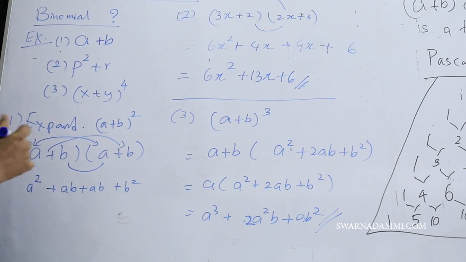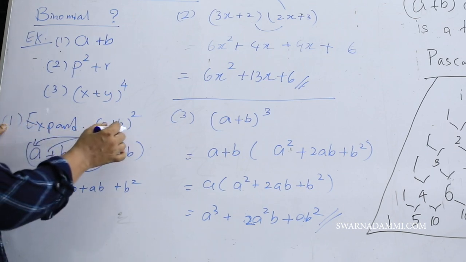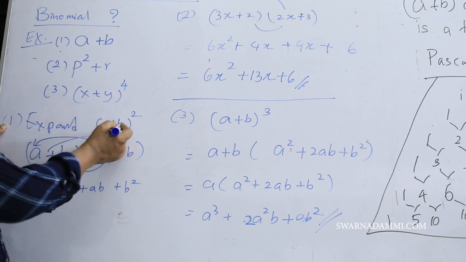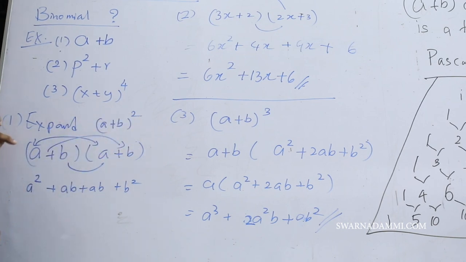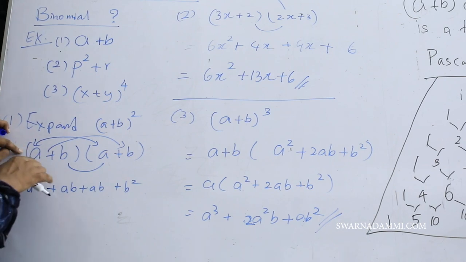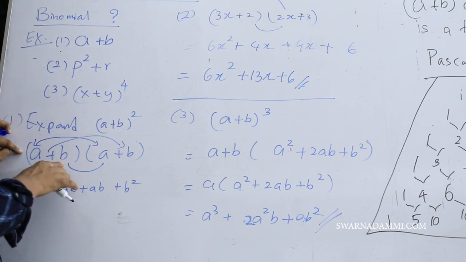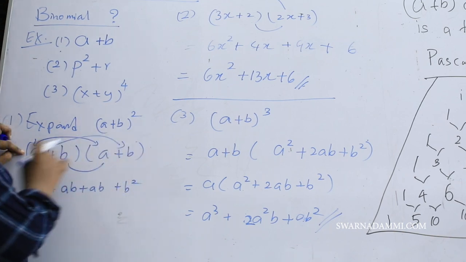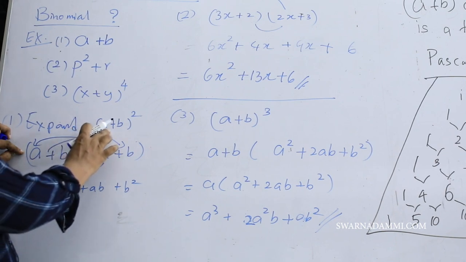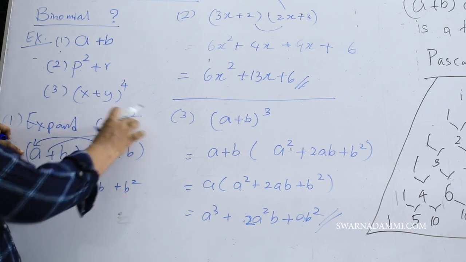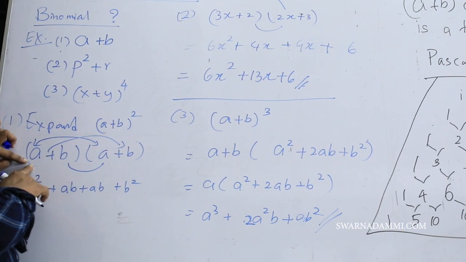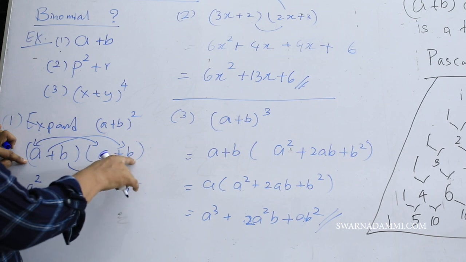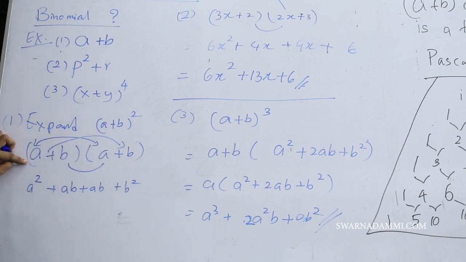Now we will see how we expand a binomial. One example here: (a plus b) squared. (a plus b) within brackets, again a plus b. I have to expand (a plus b) squared. Then we can write it as (a plus b) multiplied by (a plus b). How can we simplify it?